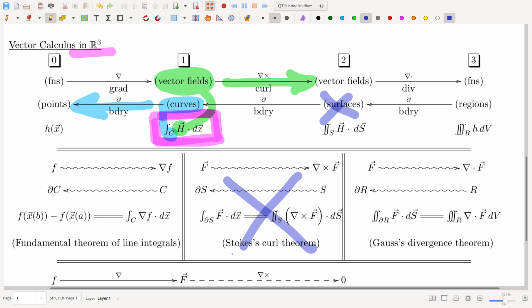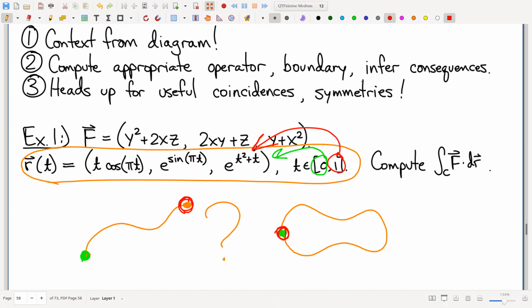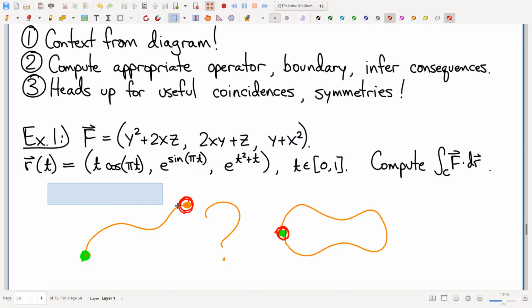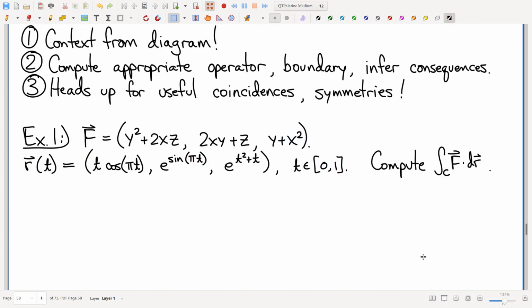All right, now let's do the curl. Again, it says right here to compute the curl. So back we go. Let's compute this curl.